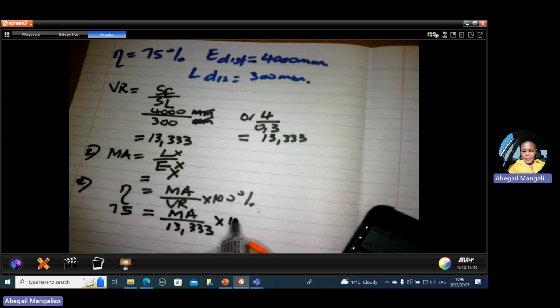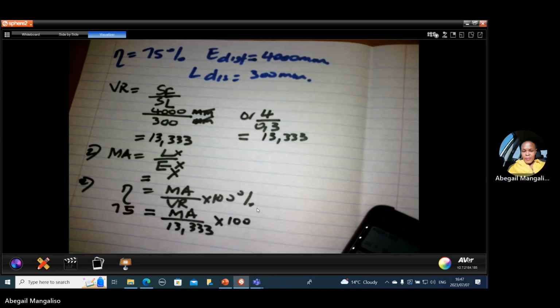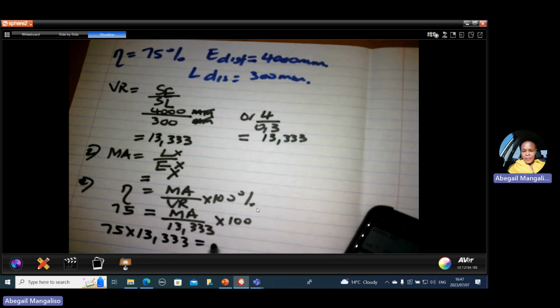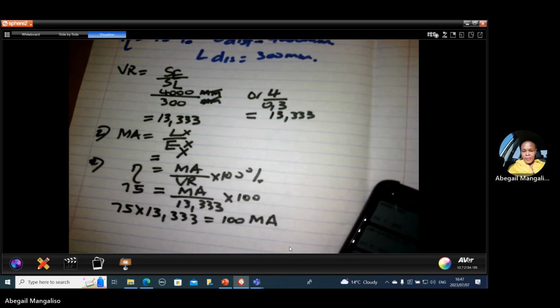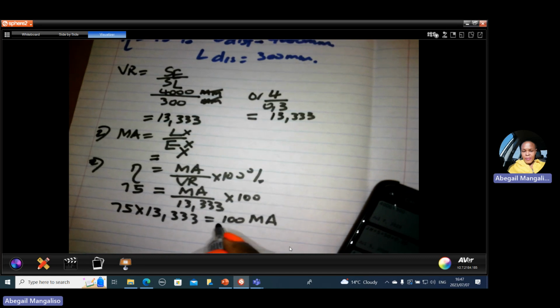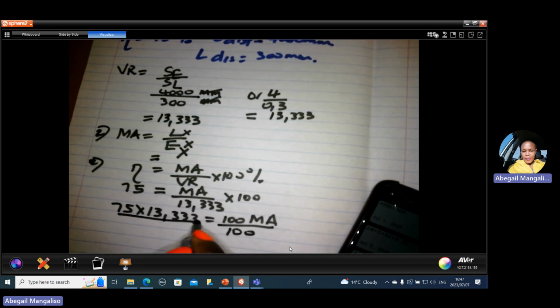13.333, multiplied by 100. So we can cross multiply: 75 times 13.333 equals 100 times MA. Next step, we can divide both sides by 100. First get the answer of this side and divide by 100. This cancels out.